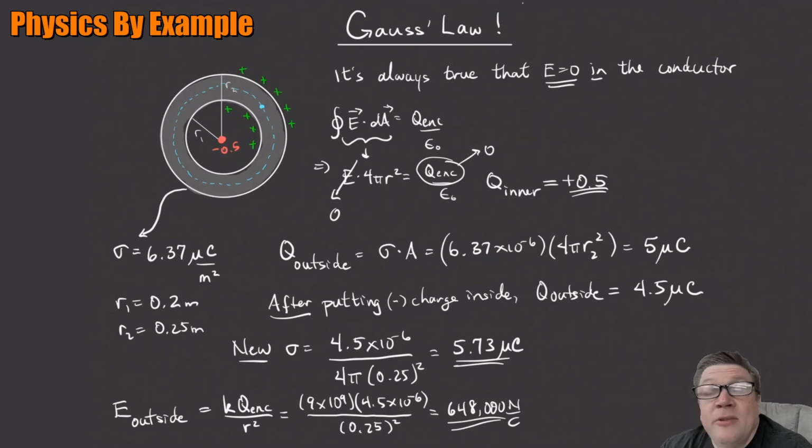Because I pulled some of that positive charge away from the outside. So it's an interesting result that even though the electric field always remains 0 in the conductor, I can still tell what's going on in there from the outside just because the overall electric field is going to change. Yeah, that's a really neat result.